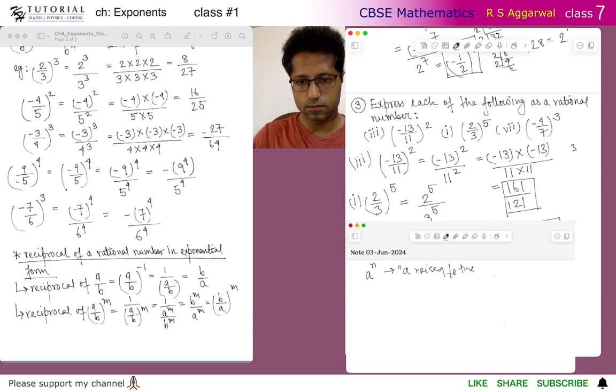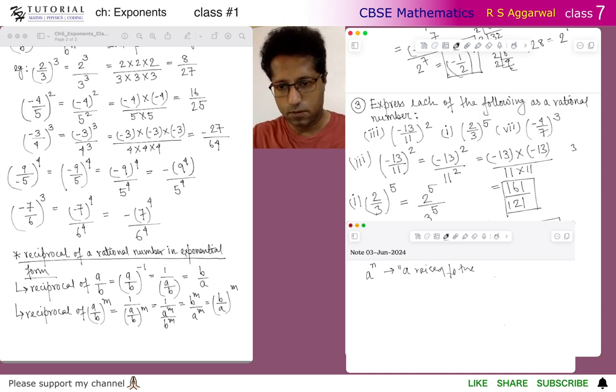Now let's do part 3. Minus 4 by 7, this rational number, is raised to the power 3. So this is nothing but the numerator raised to the power 3 and the denominator raised to the same power 3.